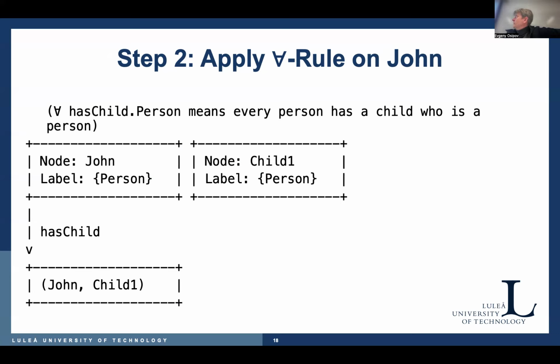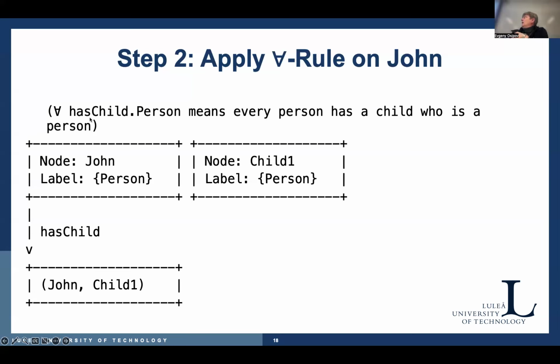And there we meet, well, we have only one in our case. We start with the person. So we look for all records about the person. What do we have there? We have that this is a subclass of all persons who have children.